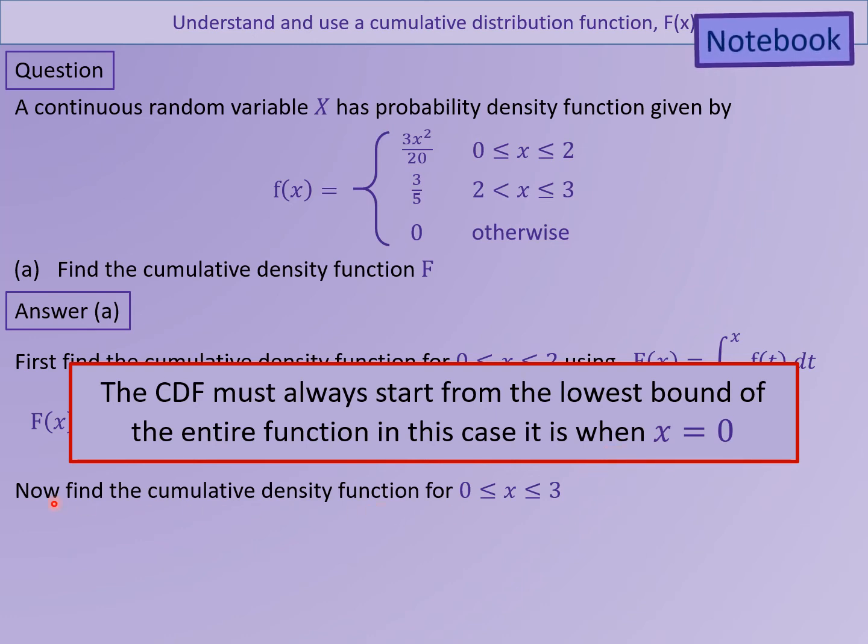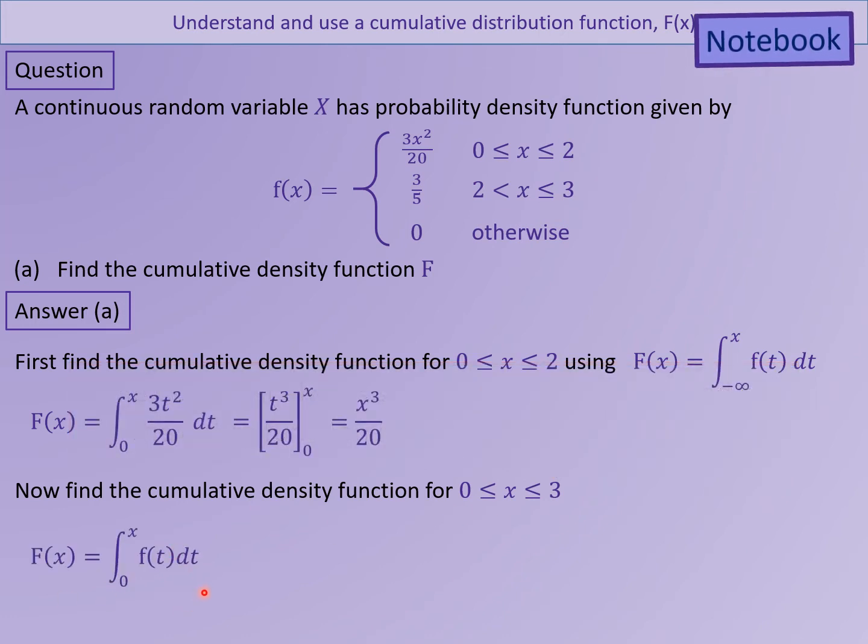Right, so that means I'm looking for the cumulative density function from 0 up to 3 now. Now the issue is it contains this bit just here and a bit of this, anywhere between 2 and 3. So what I need to do is write that down. So I know from going from 0 up to x, I'm not sure what the function is going to be because there's two different functions.